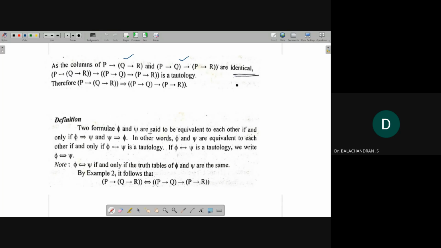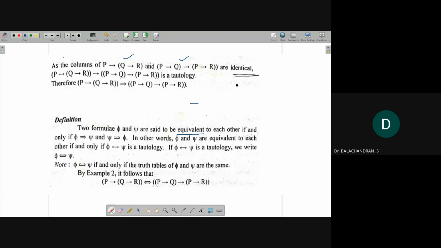Two formulas phi and psi are said to be equivalent to each other if and only if phi tautologically implies psi and psi tautologically implies phi. So this is one of the ways you can write the definition of phi and psi being equivalent.